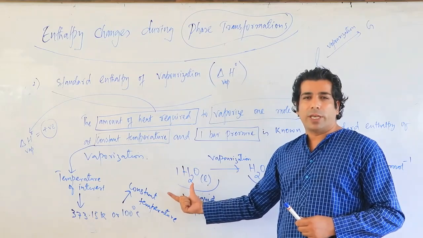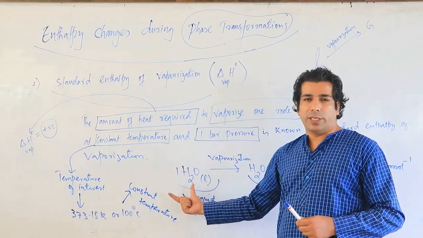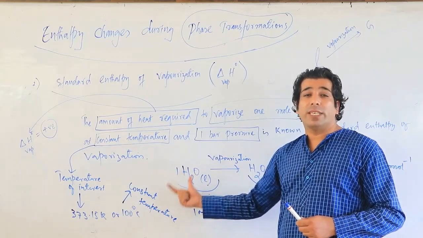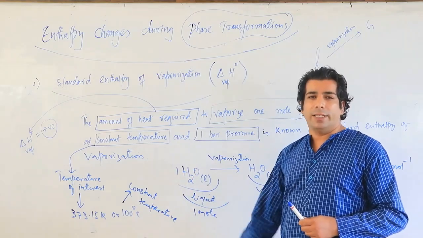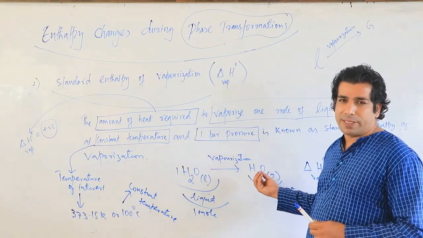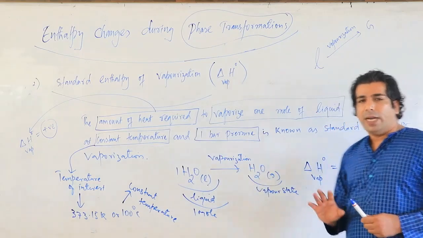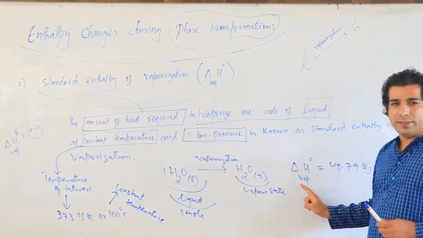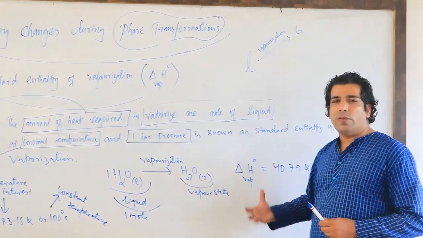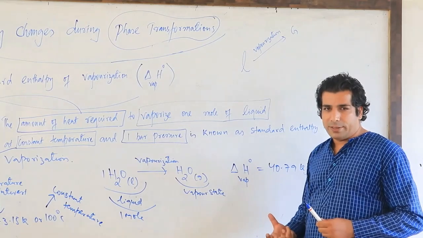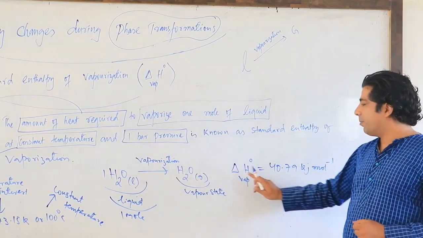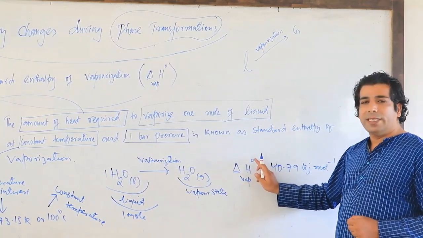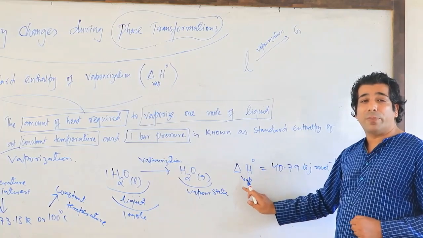You will be able to vaporize 1 mole of liquid water, and obviously it will change into the vapor state. That's true. And now what is my point? During this process, heat energy is required. So how much heat energy is required? That is represented here by delta H vaporization, the standard enthalpy of vaporization.